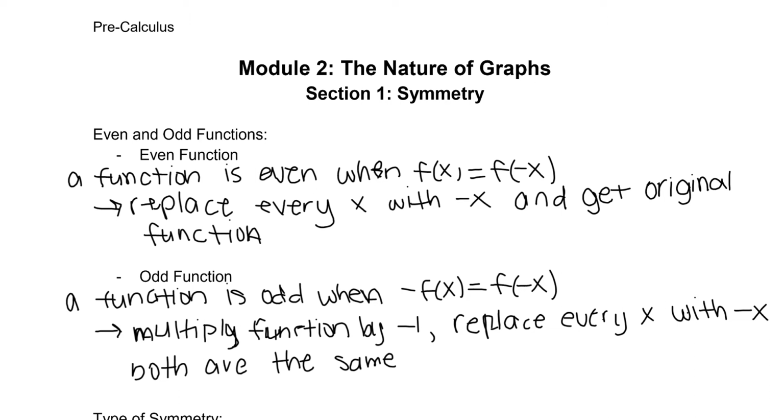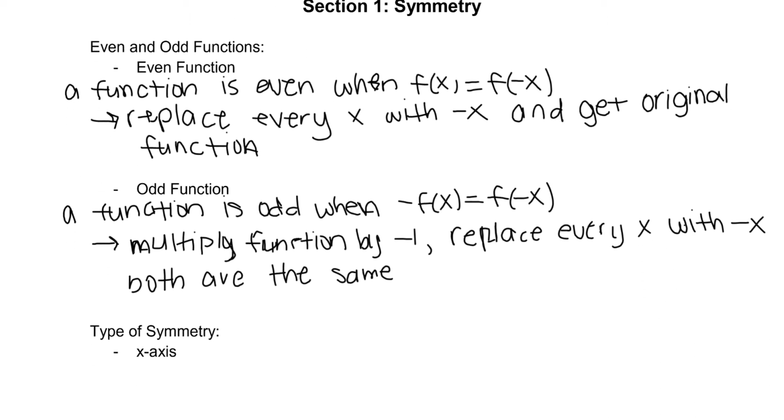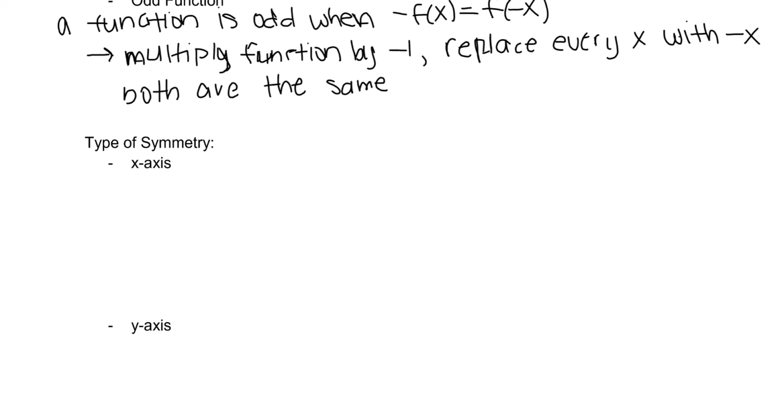So now that we've defined even and odd functions, we're going to go ahead and look at the types of symmetry. So we're going to talk about 3 types of symmetry. We're going to talk about a graph being symmetric about the x-axis, y-axis, and origin.